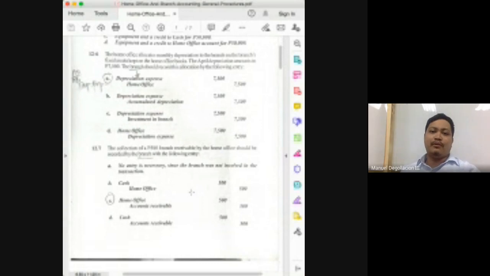Let's have problem 7. Okay, problem 7 is really an application of our expanded definition. The home office allocates monthly depreciation to the branch. What problem did they say? 6. The one before 7.